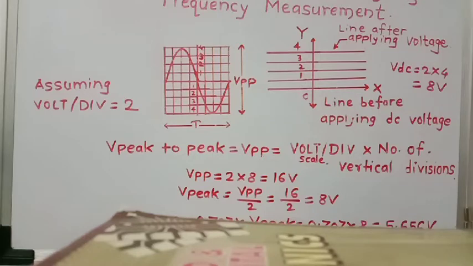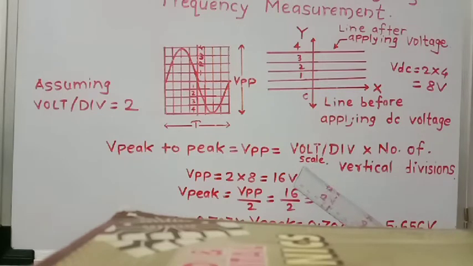So first we will study how to measure an unknown AC voltage which is applied to the Y input or vertical input of the CRO. The unknown AC voltage from the signal generator is applied to the vertical input or Y input of the cathode ray oscilloscope.